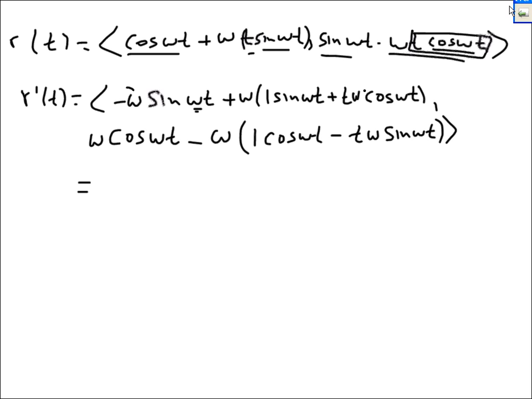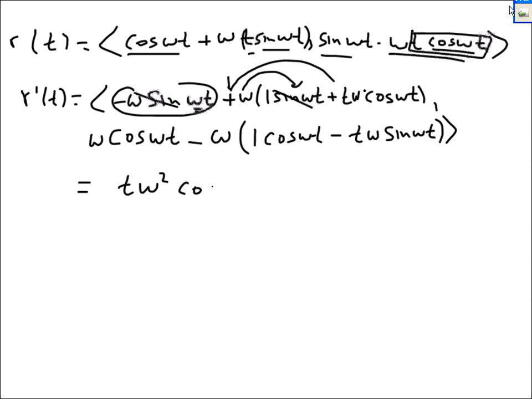Well, first I see this, negative omega sine omega t, and then I'm adding it back. So that actually cancels. So what I'm left with is t omega squared cosine omega t. I really should write the omega squared first. It's a constant. Omega squared t, comma.